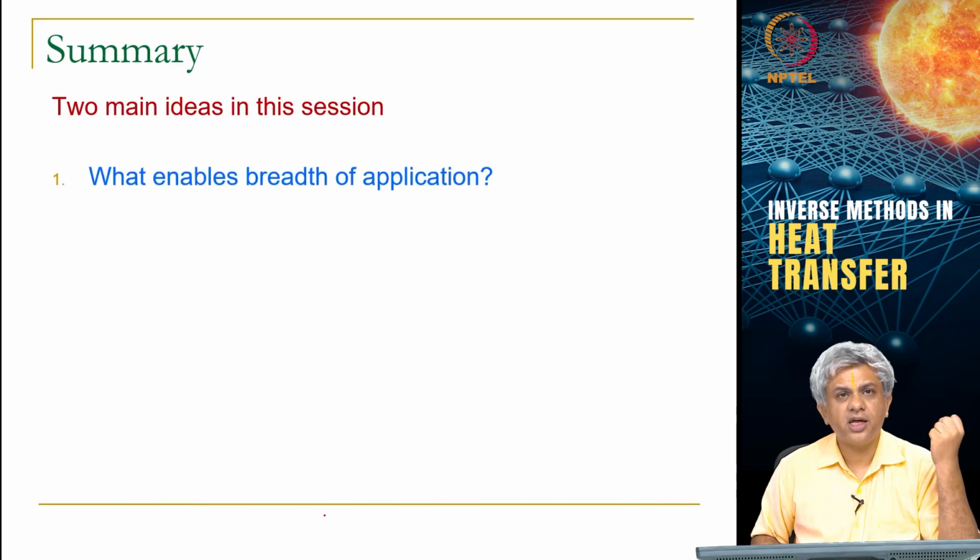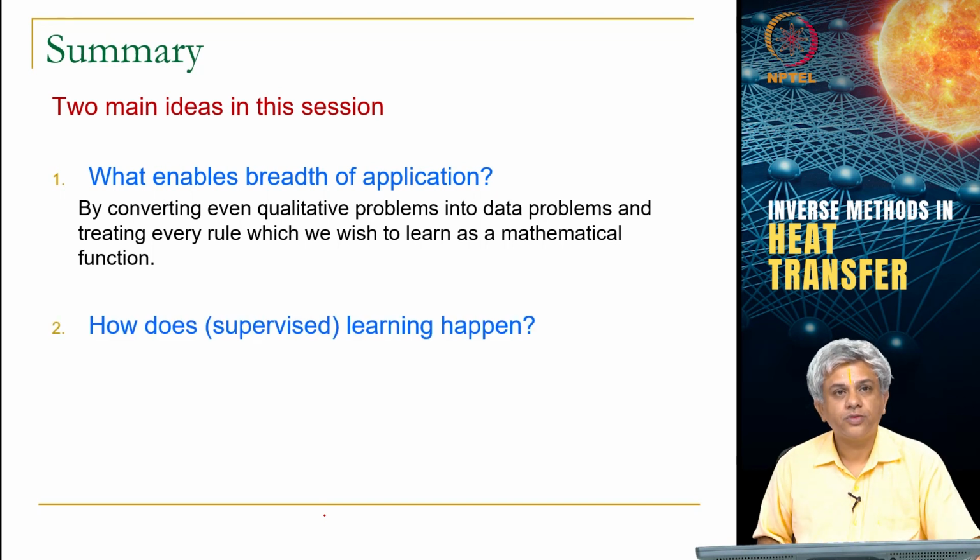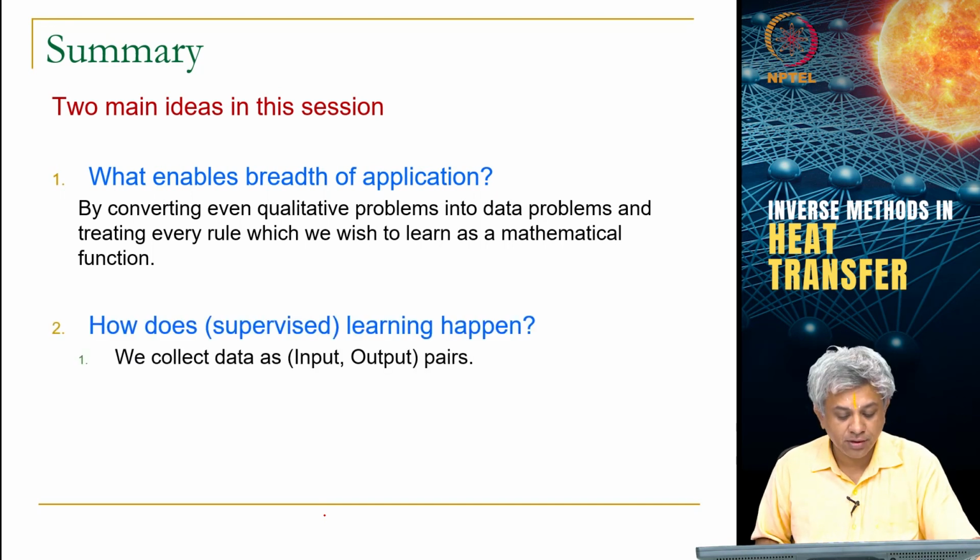So, there were two main ideas here. The reason ML is able to deal with a large number of applications is that even qualitative problems can be turned into data problems, basically by treating every rule which we wish to learn as if it is a mathematical function. And how does supervised learning happen?